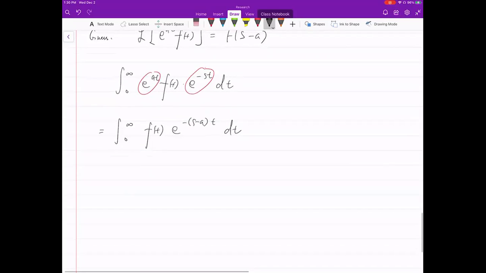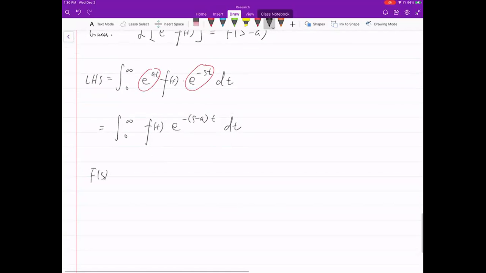That's the left. This is the Laplace transform of f. What's the difference?